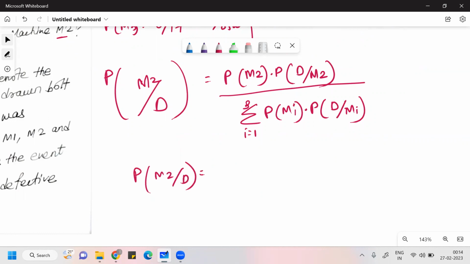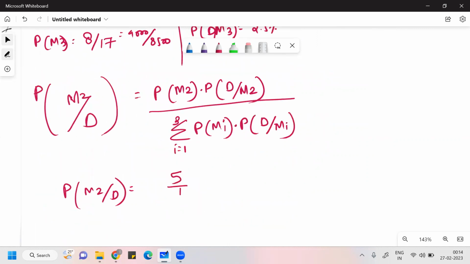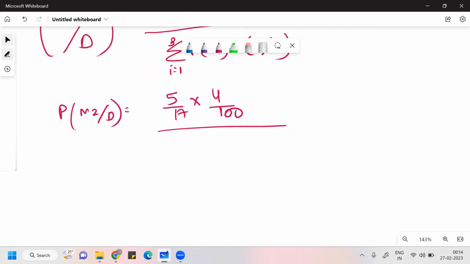What is the probability of choosing machine 2 if you got the defective component? That is the question. The probability of choosing machine M2 is 5 by 17, into the defective component from machine M2 is 4 by 100, divided by each one you have to do.